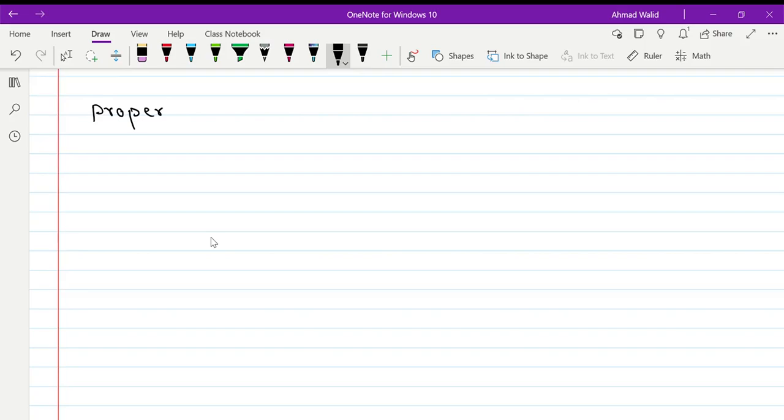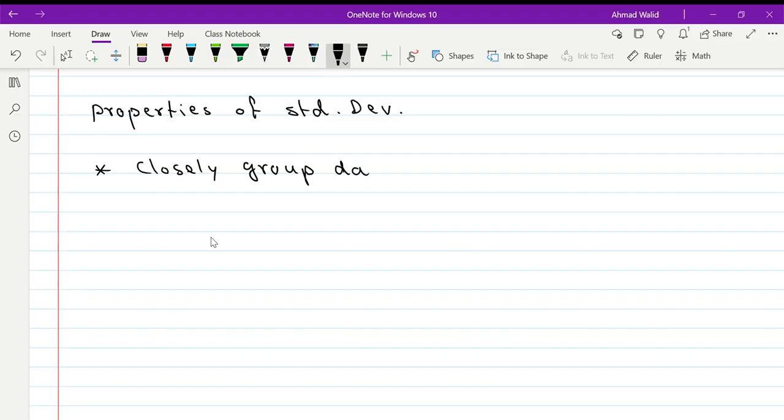Number one, closely grouped data will have a small standard deviation. Let me explain what it means.